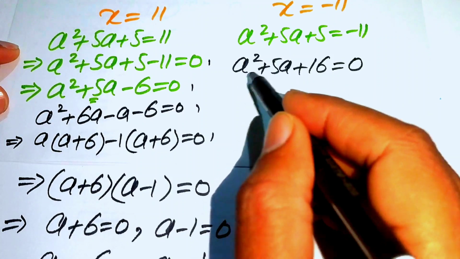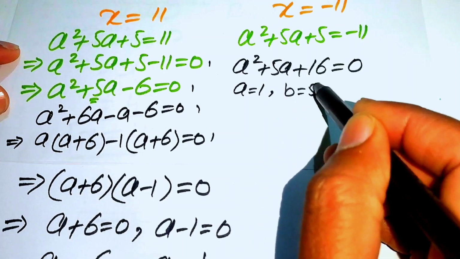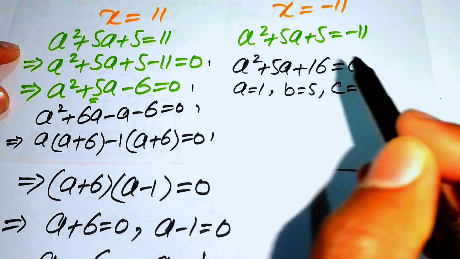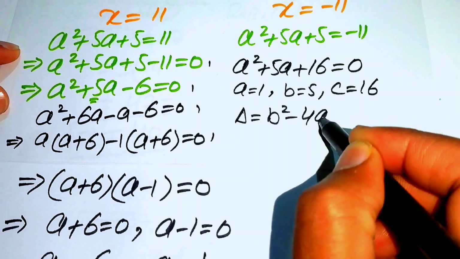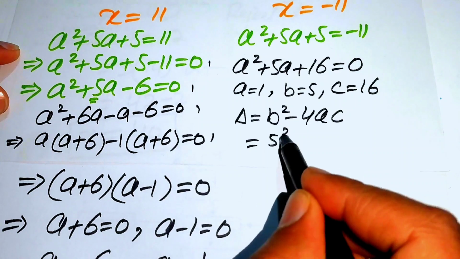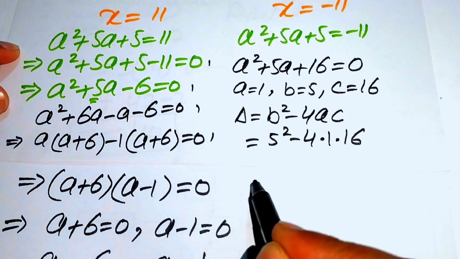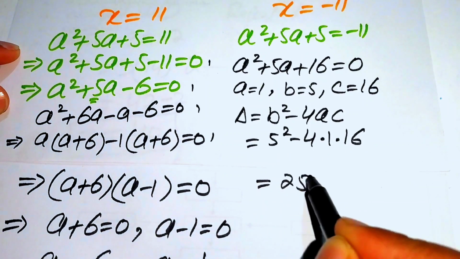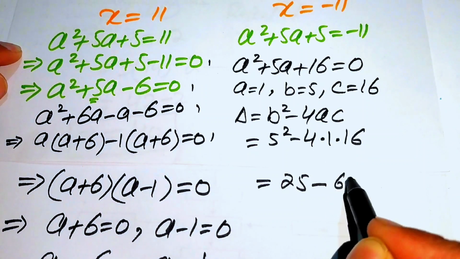So here first we write the coefficients of this equation, and we have a equals 1, b equals 5, and c equals 16, and the discriminant formula will be written as b square minus 4ac. So here we put the value of b, and it is 5 square minus 4 times 1 times 16, and you know that 5 square becomes 25, and 4 times 16 equals 64.